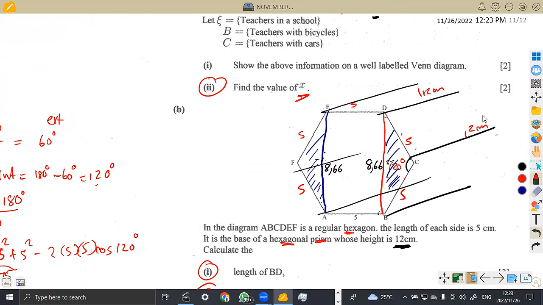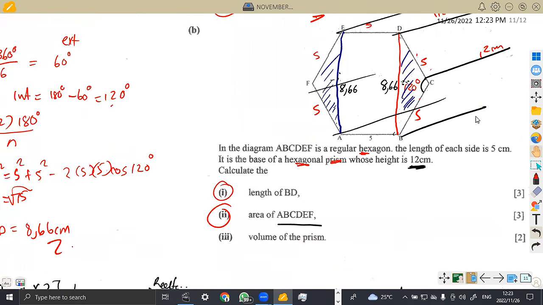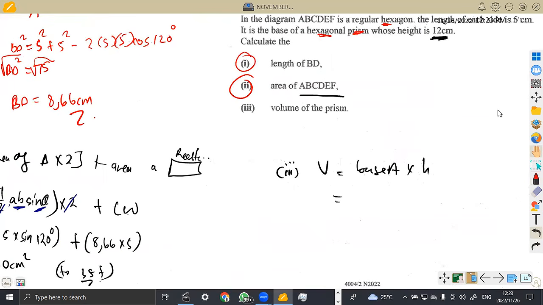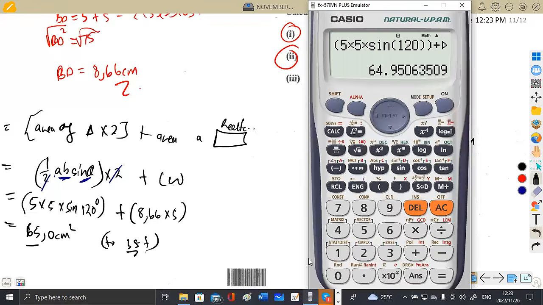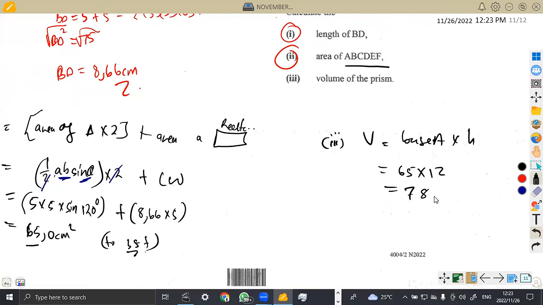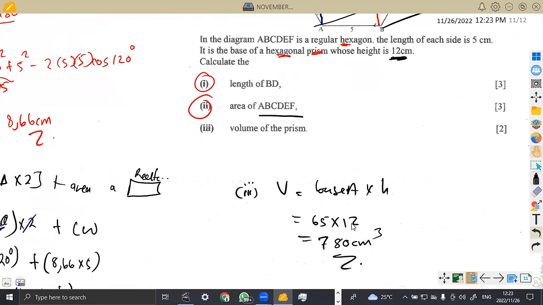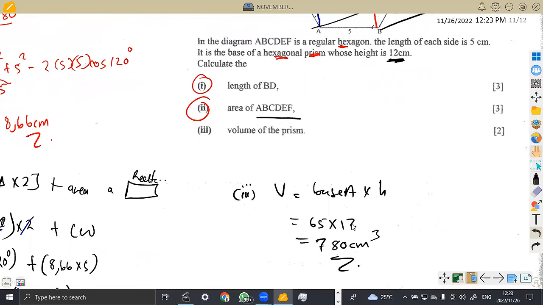So there you can have your volume, because you know that volume is base area times height. The base area, we have already calculated, is 65. So it is going to be 65 times the height of 12. Remember, we said it's 12. 65 by 12 is 780. So we're going to have 780 cubic centimeters. That's the volume of the prism that we are given.